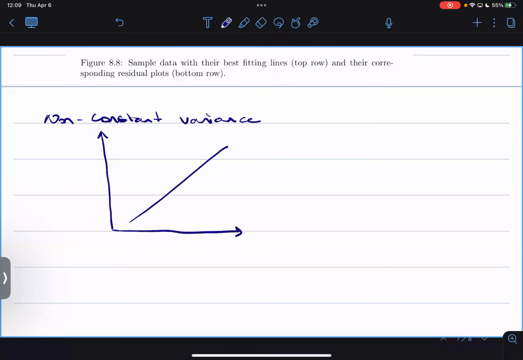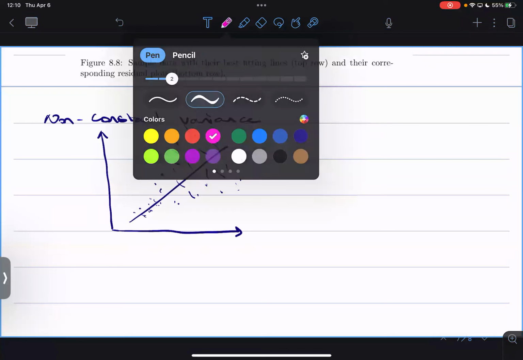So here's a line, and my points might go something like this. That is my line of best fit. There's no other way that I could slice and dice that. I'm going to fit a linear model to it.